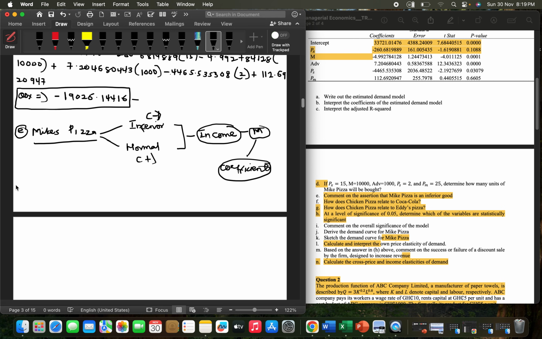So therefore, Mike's Pizza is an inferior good because it has a negative coefficient of income.